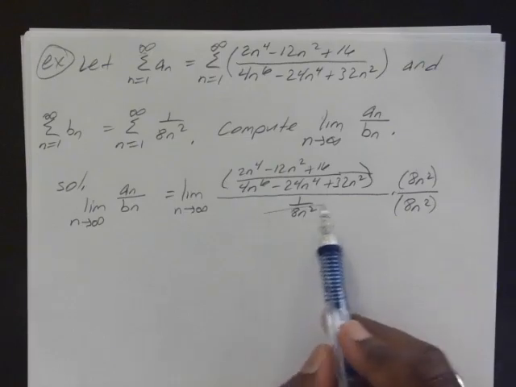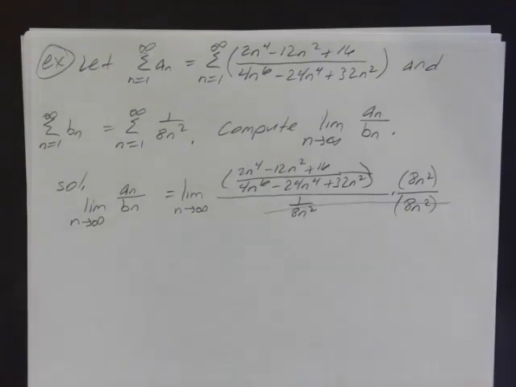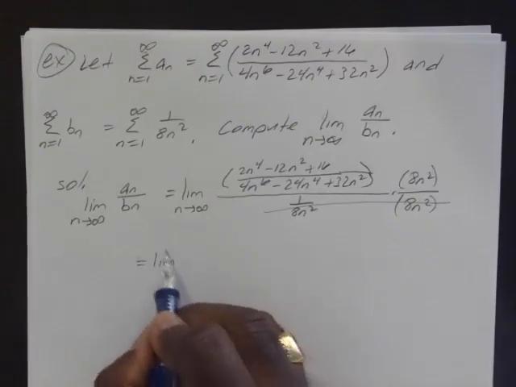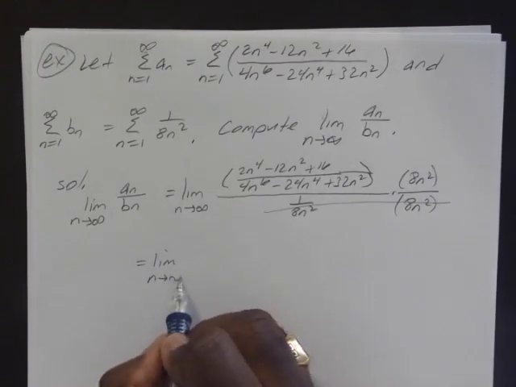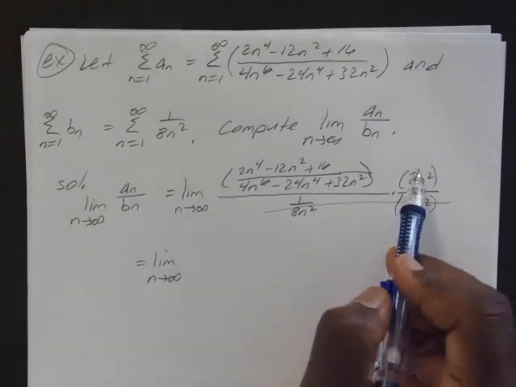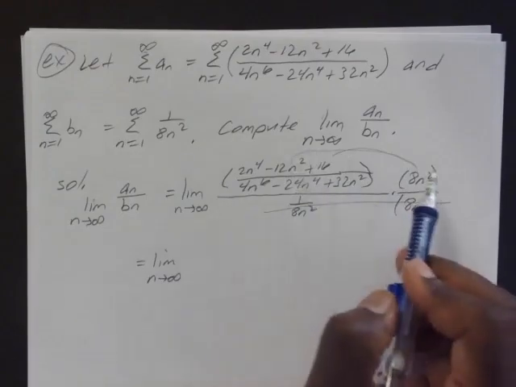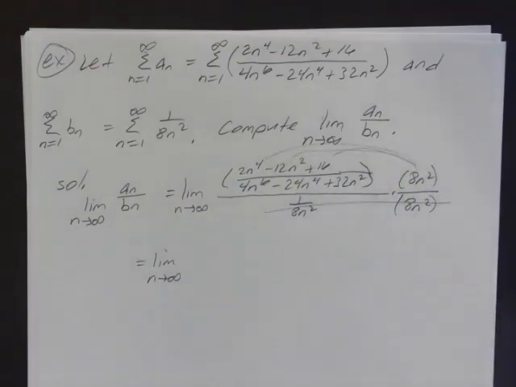These two just cancel each other out and become 1. So we have the limit as n approaches infinity. In our denominator, we're just going to go ahead and distribute that 8n squared to each term.